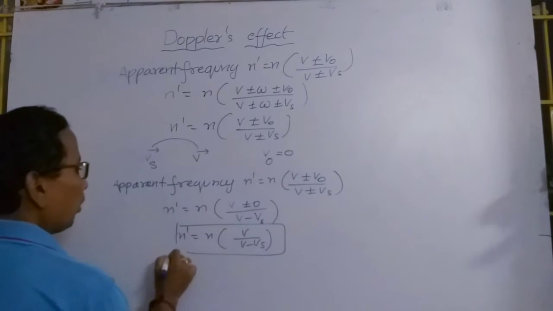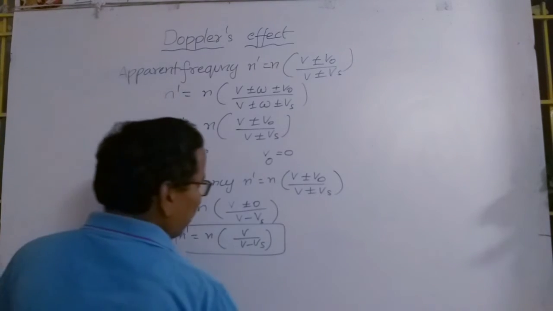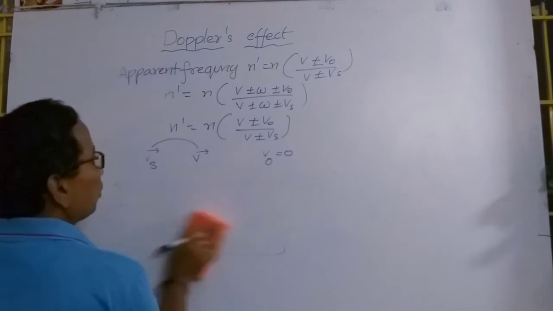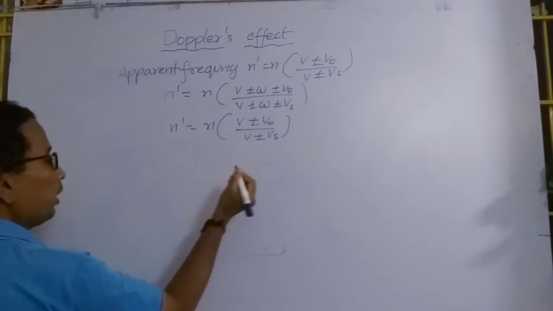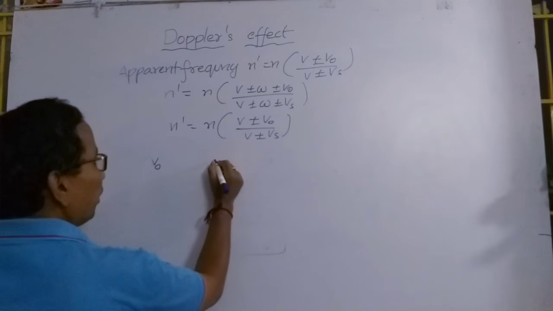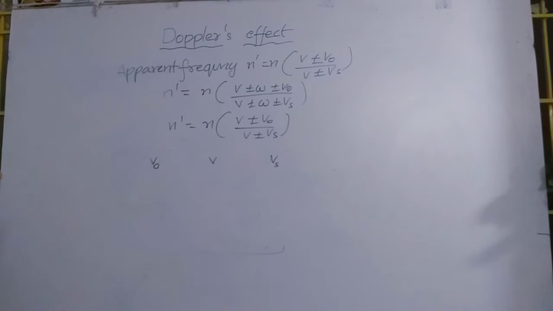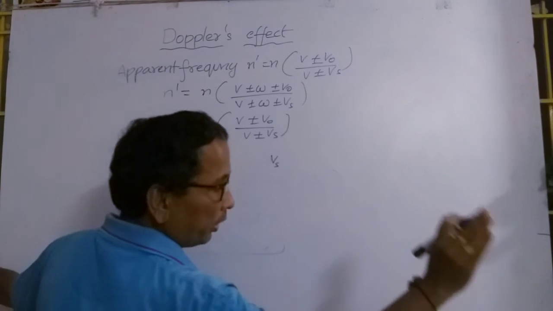Here this is the formula concerned for this concept. Okay, this is the first one. Next I will explain two more. Now the observer is approaching the source like this. Suppose this is the observer. Here you have to mention these three: V naught, V, Vs, along a straight line.